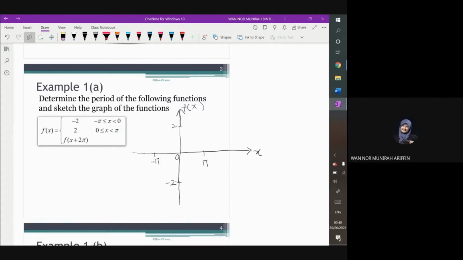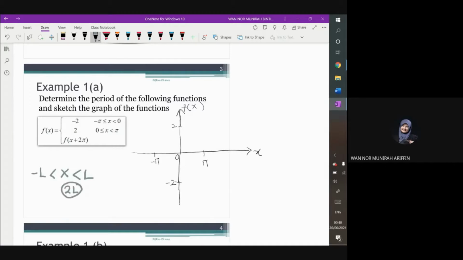Determine the period of the function and sketch the graph of the function. We know that the function is defined over the interval from negative L to L, so that your period is 2L.